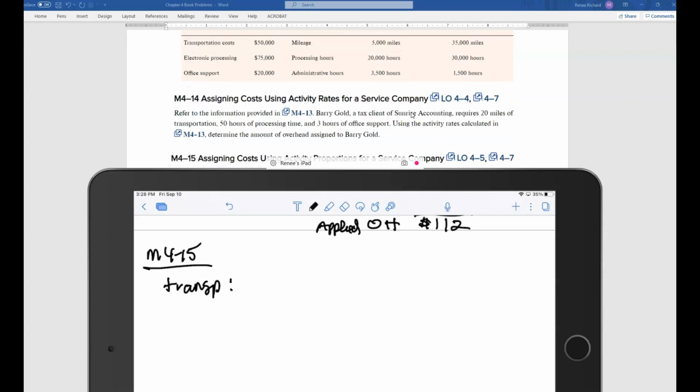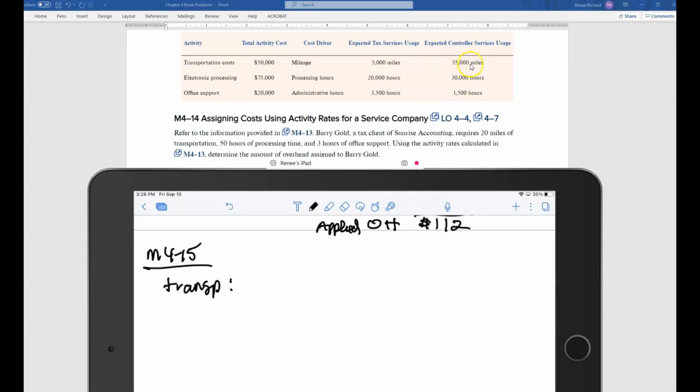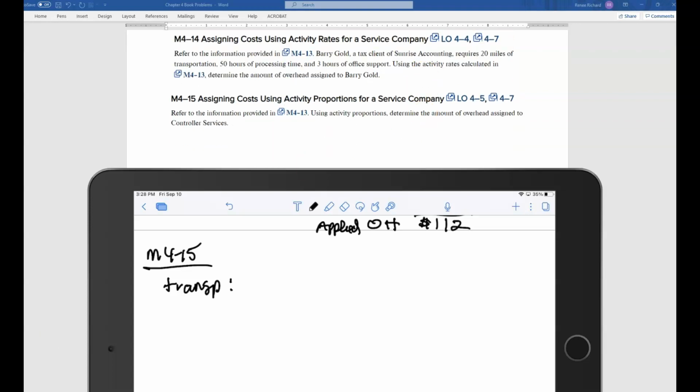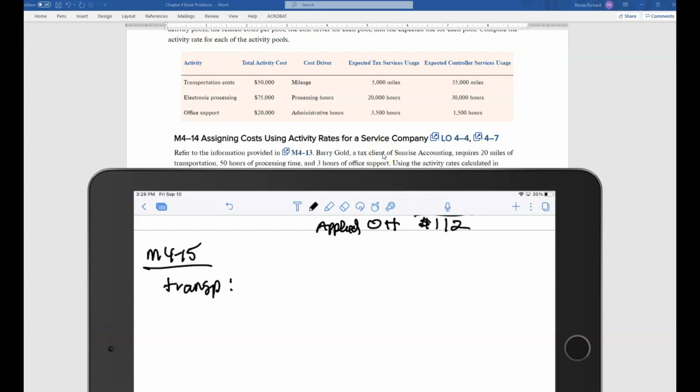Total cost of transportation, or total usage of transportation, $35,000. Let me just clarify here. So I'm going to back up because I realized that I was misleading you. What we want to do here is figure out the controller services, the amount that gets assigned to controller services for overhead.